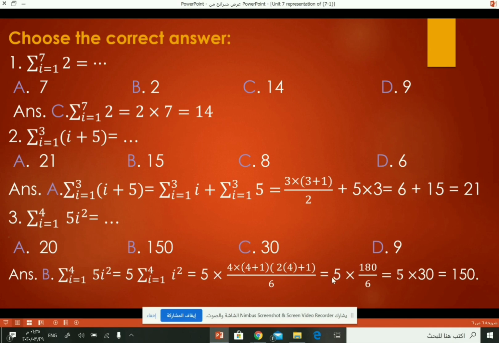That will equal 5 times 180 divided by 6, which, after you cancel these together, gives 5 times 30 equals 150.